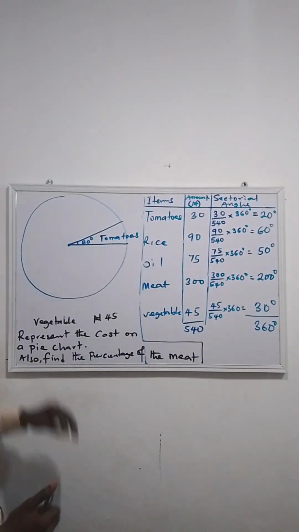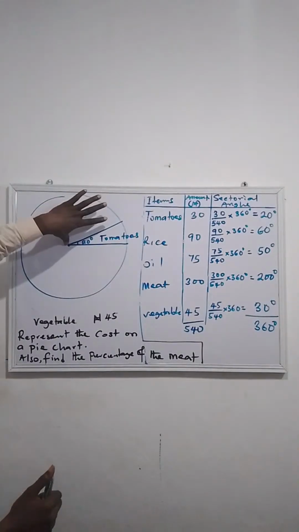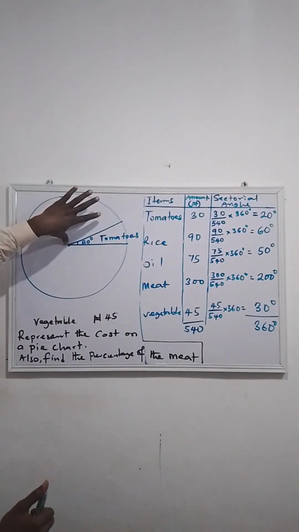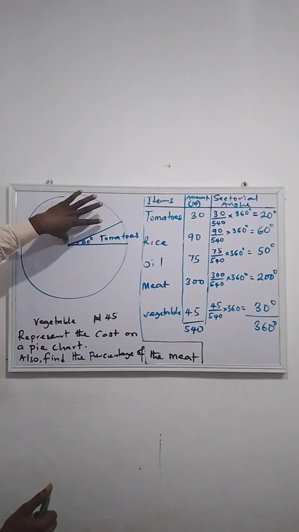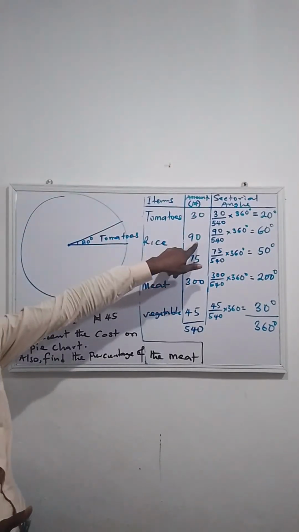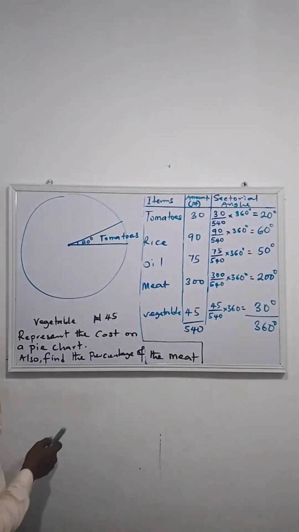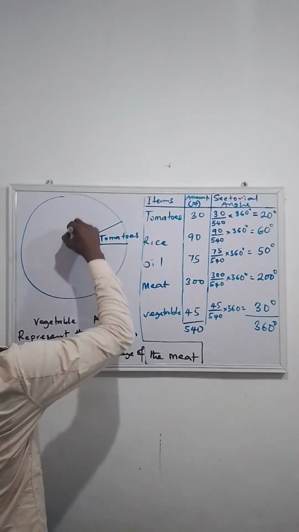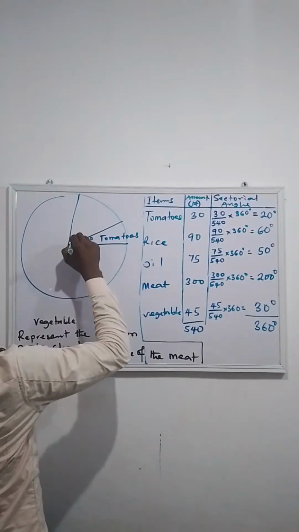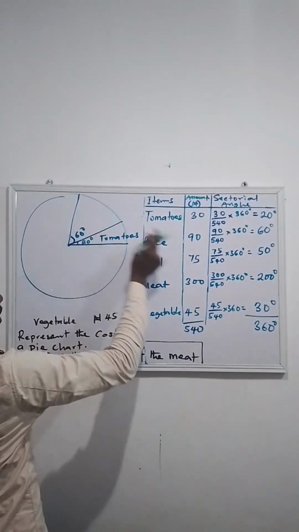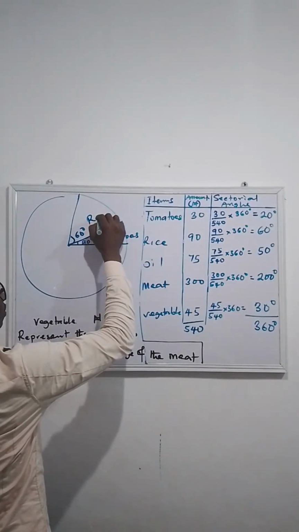So then you start from 0 on your protractor, all right? And you measure again 90. No, sorry, 60. You measure again 60. So when you measure 60, it looks like this. So this angle here is going to be 60 degrees. And that is for what? That's for rice.